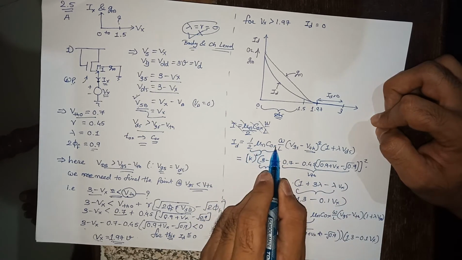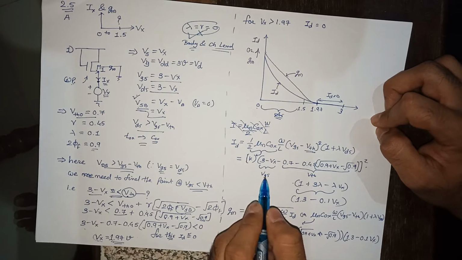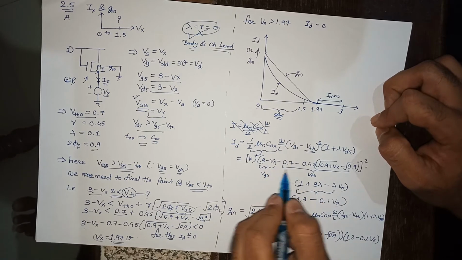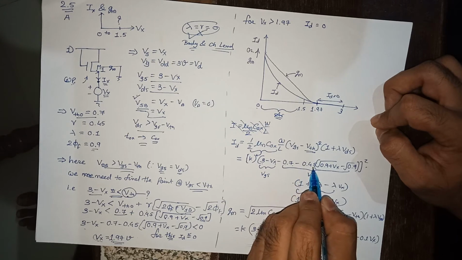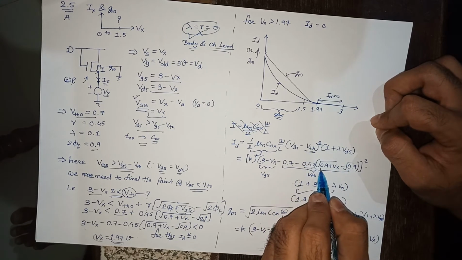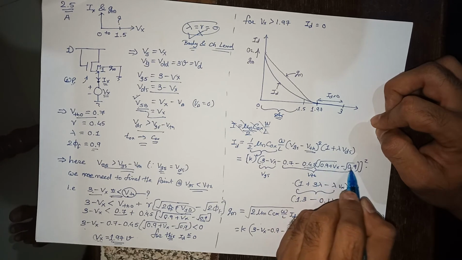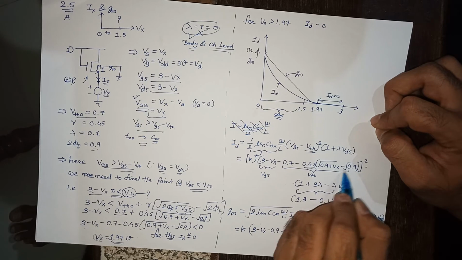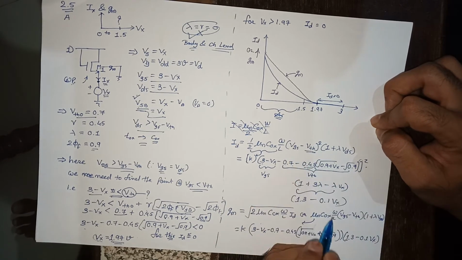Okay, so I'm considering this whole bunch of parameters as k, a constant. We're not going to change that. 3 minus Vx is VGS. VTH will be converted into 0.7 plus 0.45, where 0.45 is the value of gamma, times square root of 0.9 plus Vx, minus square root of 0.9, whole bracket, and this whole thing squared, because it is VGS minus VTH squared.